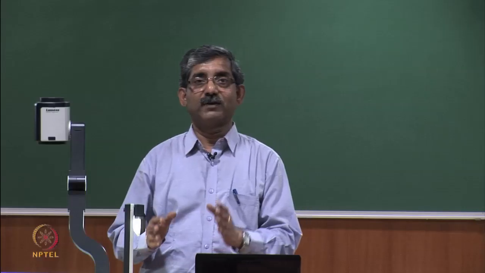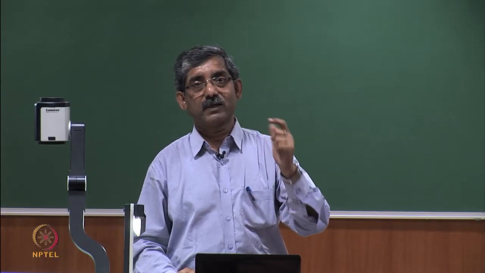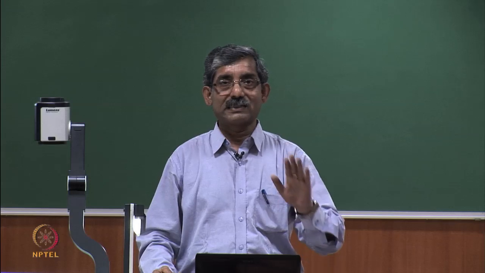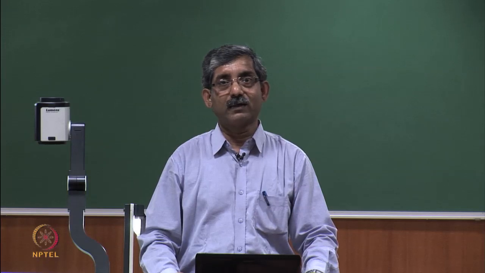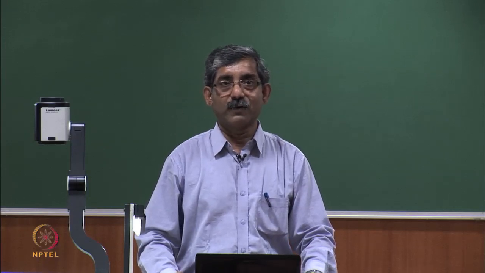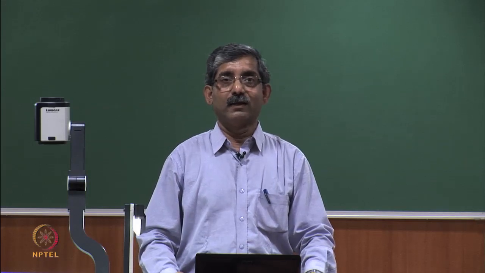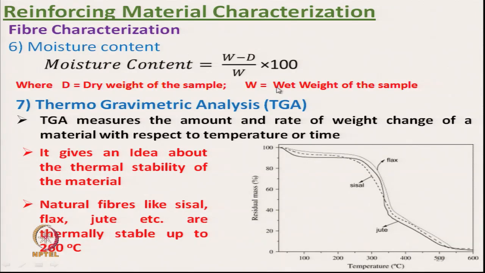So, we take the material and we first condition the material at standard temperature and humidity, and after that we take W, which is the wet weight of the material, and then we dry the material, it is bone drying, okay, which removes all the moisture present in the structure, and we get dry weight D, and W minus D by W multiplied by 100 we can get the moisture content of the material.